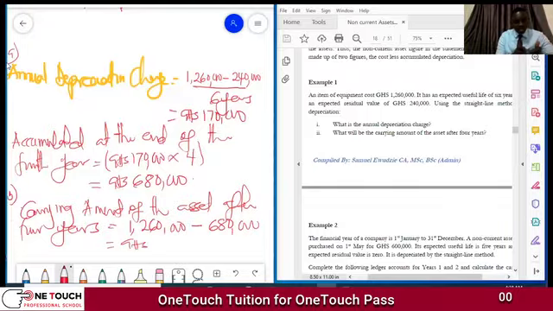That gives us 1,260 minus 680, which is 580,000.